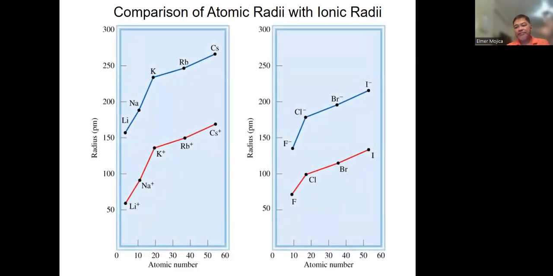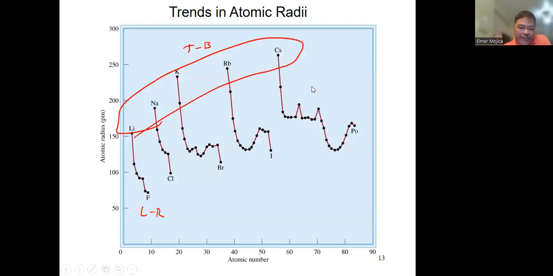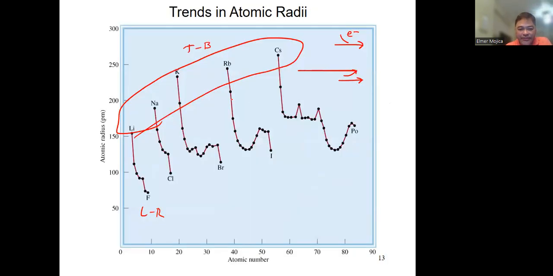Now, what happens if you add an electron or remove an electron? What happens to the size? Let's say you have an atom and you add an electron to it.